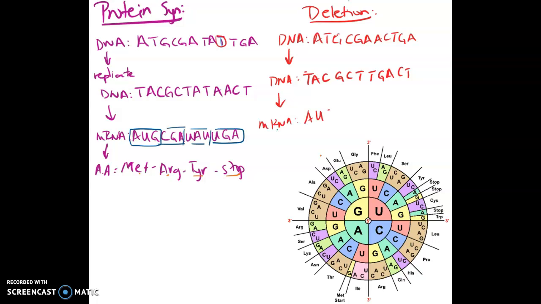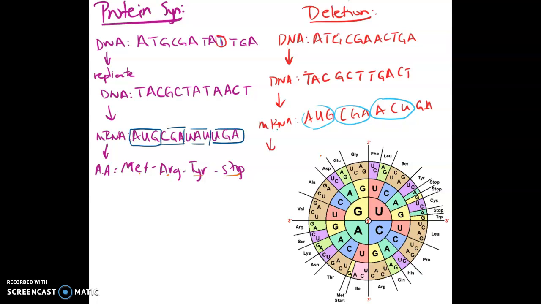and so we would still have AUG, CGA, we would have ACU, and then we would have GA. And then if we boxed them, 1, 2, 3, 1, 2, 3, 1, 2, 3, right?